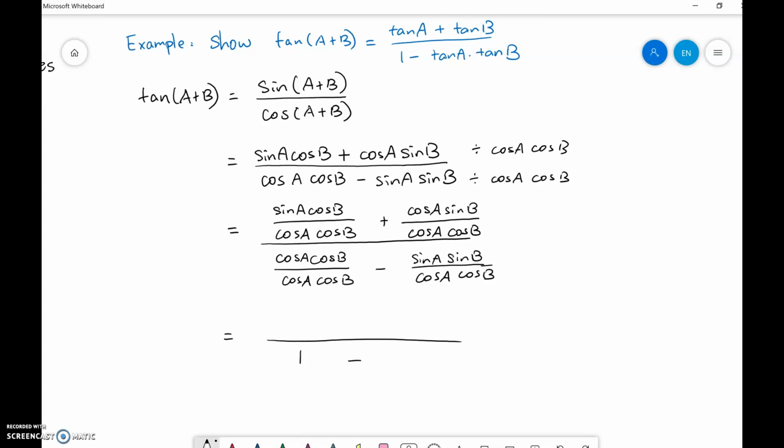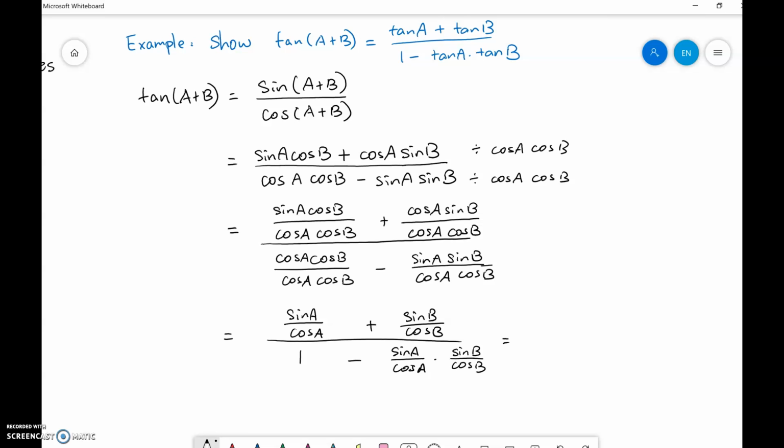On the numerator, we end up with sine of a over cosine of a for the first term, and sine of b over cosine of b for the second term. On the bottom one, sine of a sine of b over cosine of a cosine of b, we can break it into sine of a over cosine of a and sine of b over cosine of b.